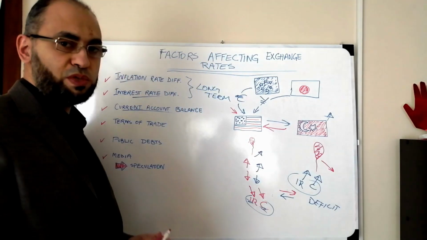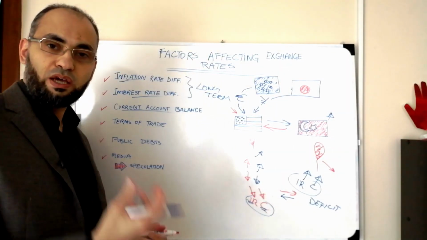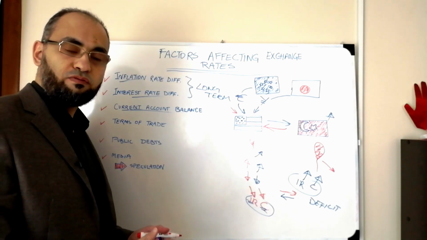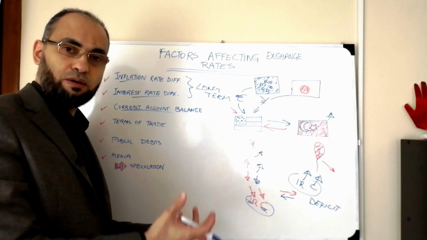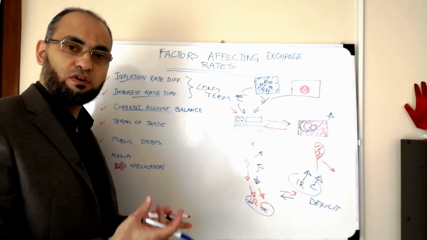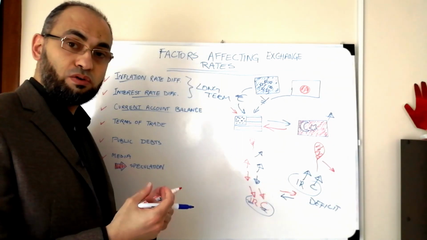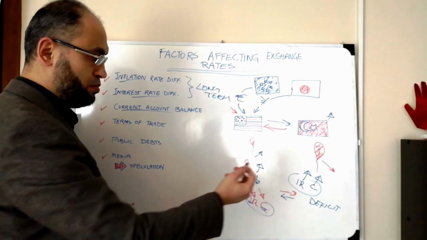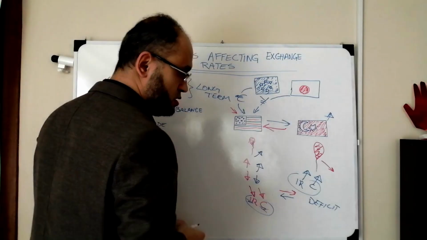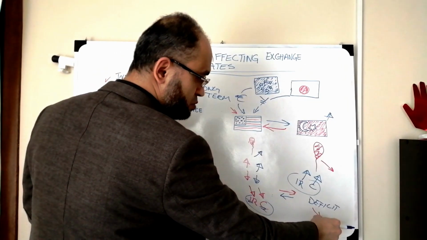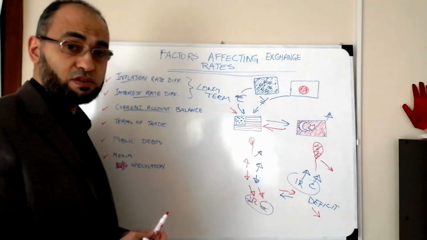Now this deficit means it cannot pay the foreign currencies or its liabilities because it's getting less foreign currencies. And therefore, when it does so, its money depreciates. So because of the deficit, its money depreciates with respect to the other country.